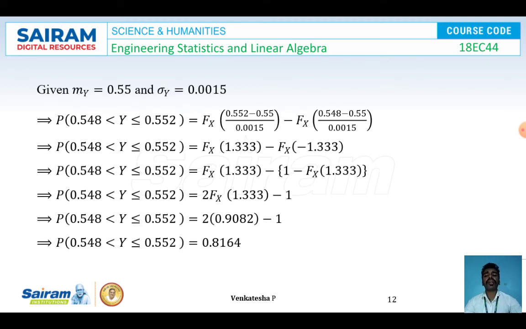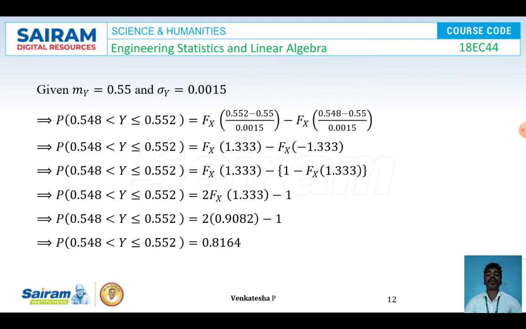Since they have given that mu_y is equal to 0.55 and sigma_y is equal to 0.0015, if I replace these values in the above expression, we get P of 0.548 less than y less than or equal to 0.552 equal to F_X((0.552 minus 0.55) divided by 0.0015) minus F_X((0.548 minus 0.55) divided by 0.0015).